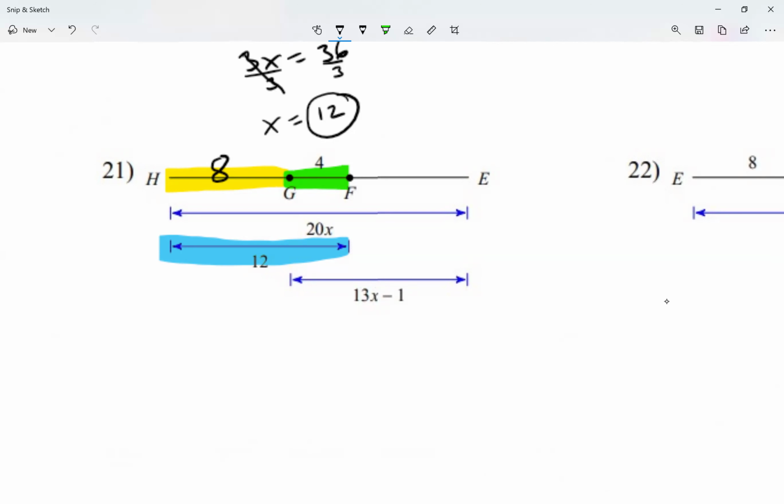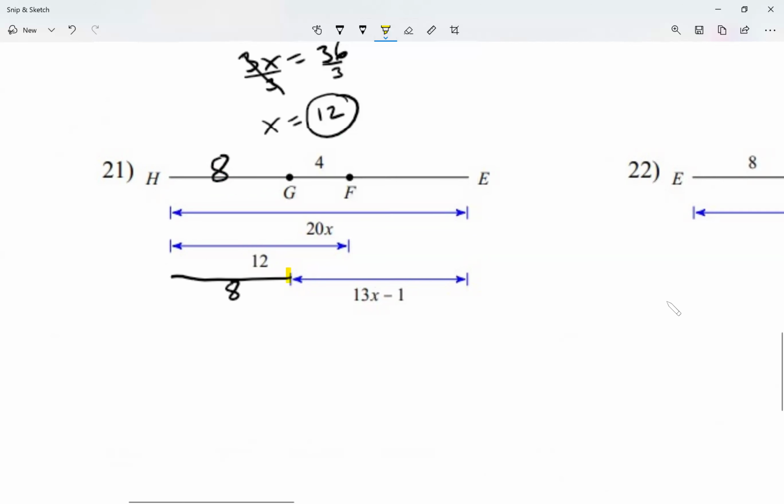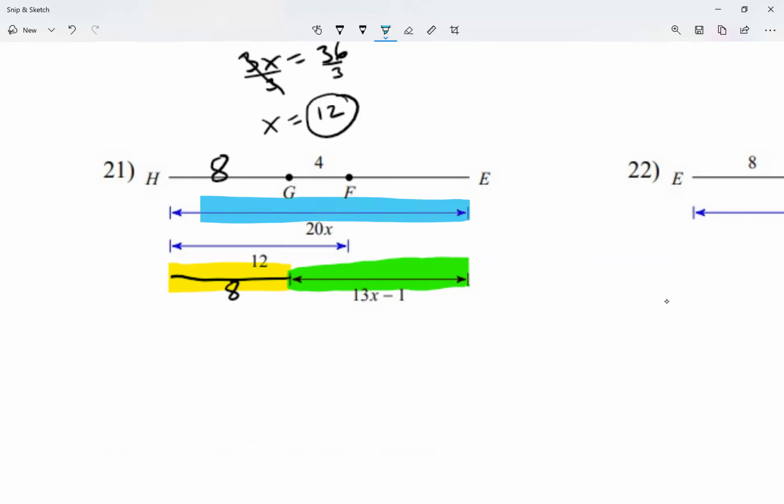Okay. Not only can we agree that the distance between H and G is 8, I can say this right here is 8. And then you might be like, why do you need that? Because then I'm looking at this 8 with this 13x minus 1, and that gives me this 20x.